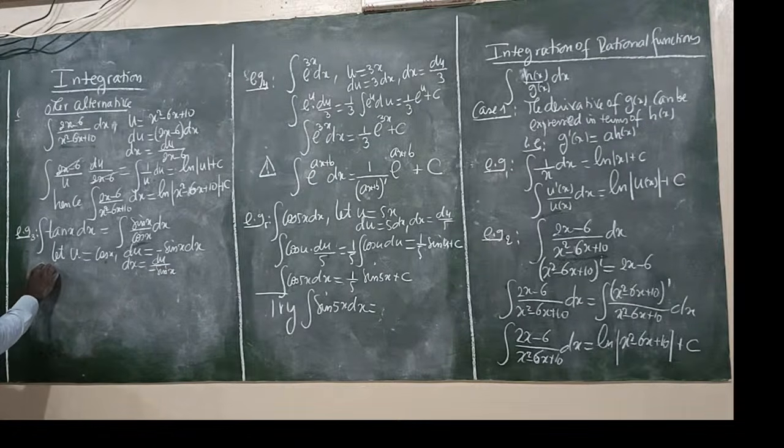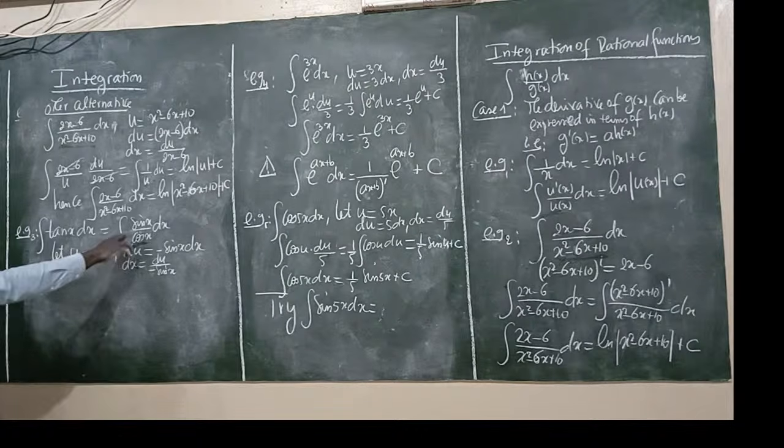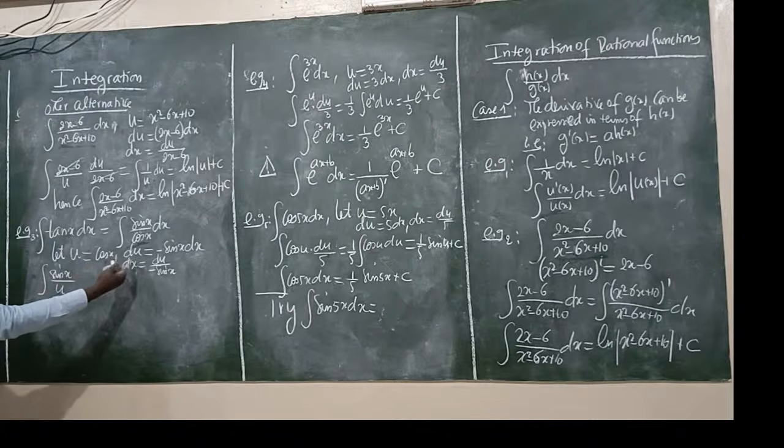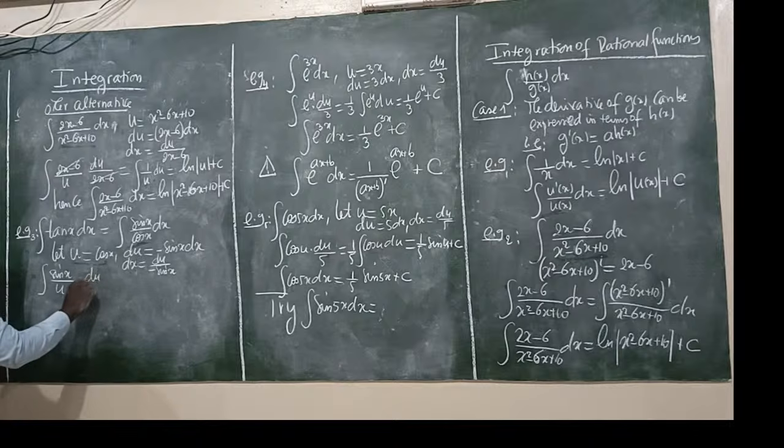Now let's continue with the question. We'll be writing sine x divided by u, because we have assumed u to be cosine x, times dx replaced by du over minus sine x.